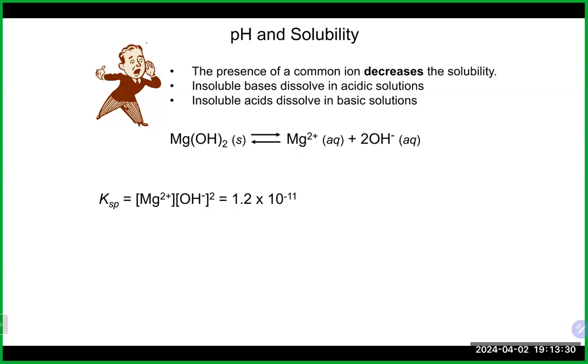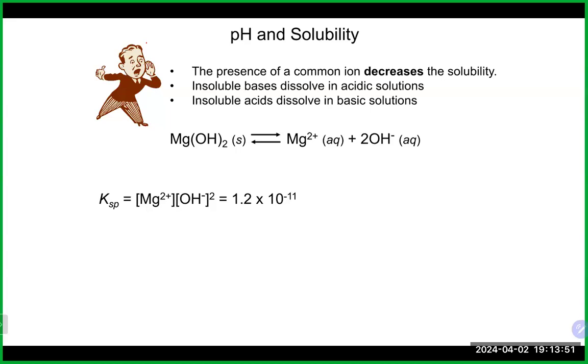So the presence of a common ion, as we just saw, will decrease the solubility of a salt. The pH is also a really big factor in terms of solubility, and that's why, for example, when you do your group 1 and, at some point, group 3, group 4 qualitative analysis experiments, there's a lot of steps where you adjust the pH of your solution.